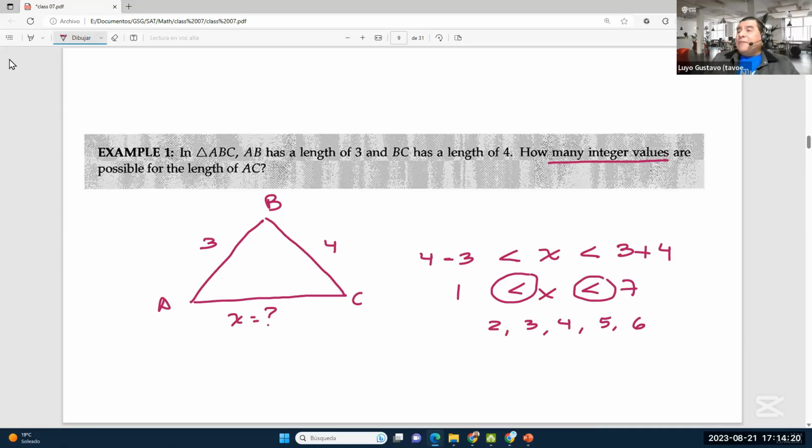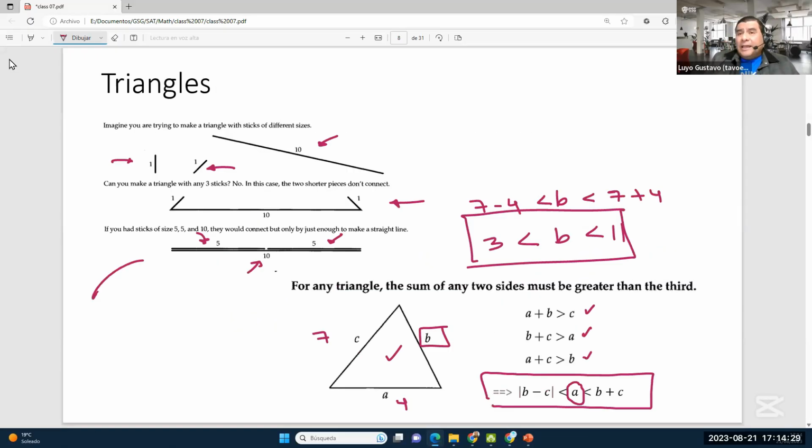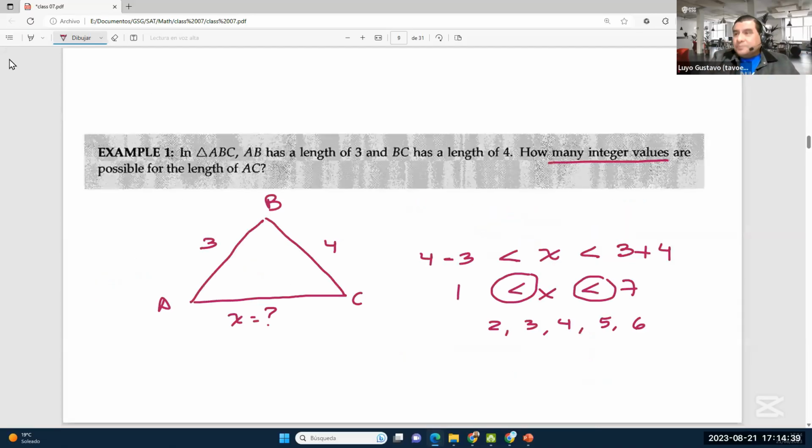You cannot have a side of just 1 because if it is 1, it would violate the principle and it would look a lot like this, in which the sum of two sides equals the length of the third. That cannot be a triangle either. So how many values are there? 5. That's the answer to the question.